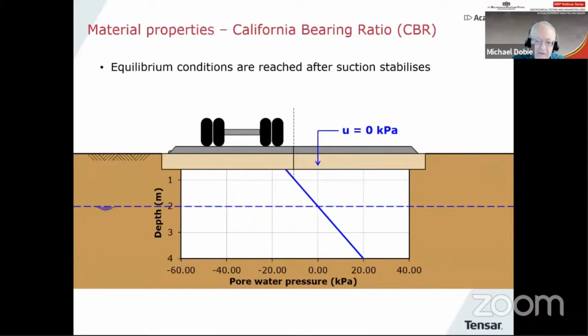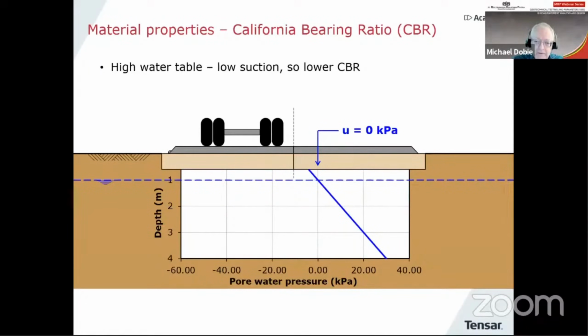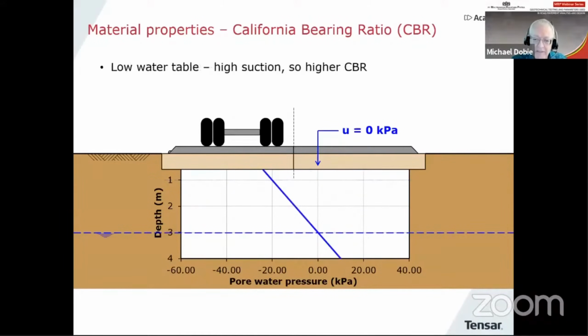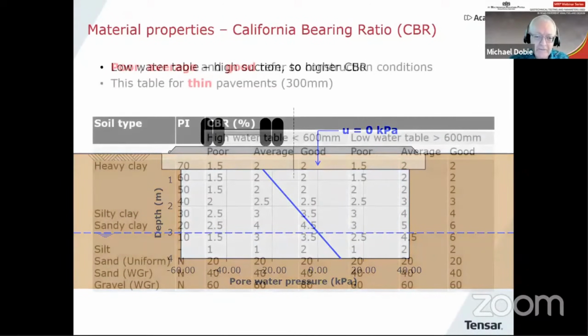So this means that if that's the long-term equilibrium condition, then if you have a high water table, your suction is very low. If you have a low water table, your suction becomes much higher. So in the tables we're about to see, you're going to see that this is an important feature of assessing the results.